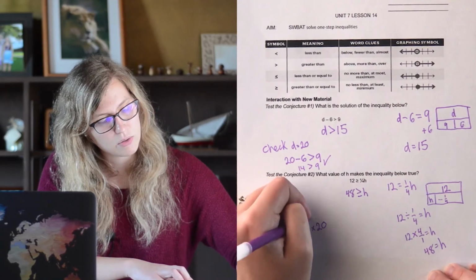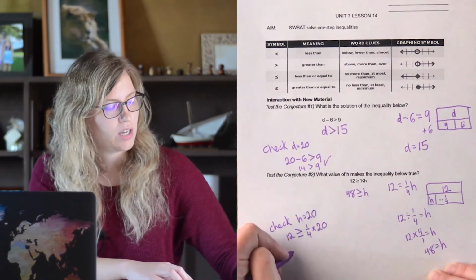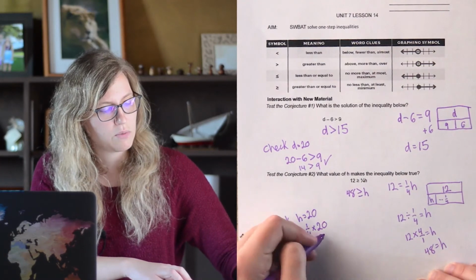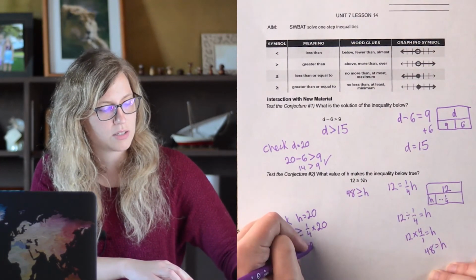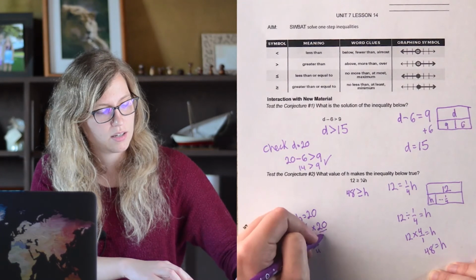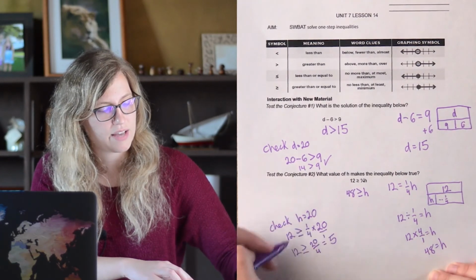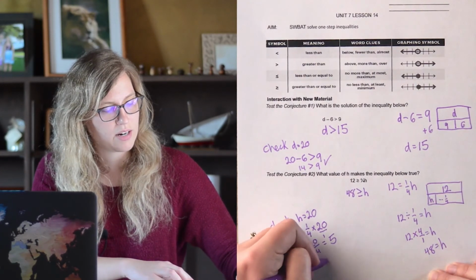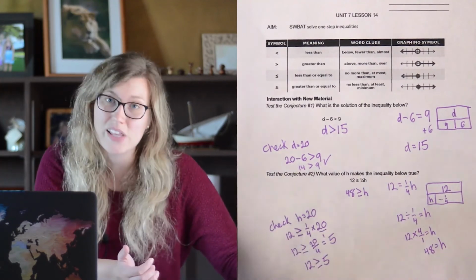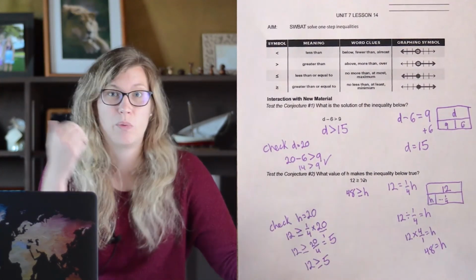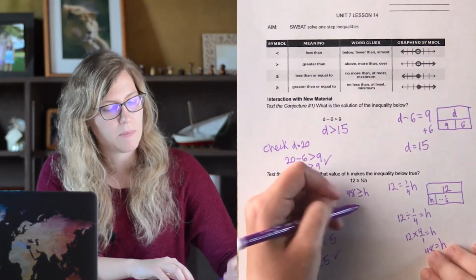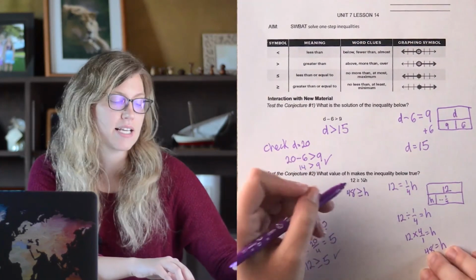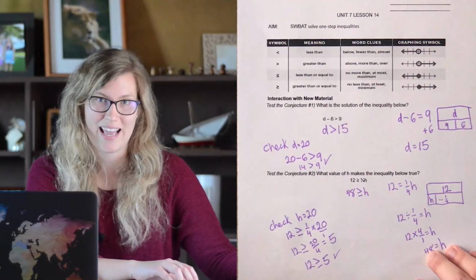I made H equal 20 here. That's my check. So 12 is greater or equal to, what is 1/4 times 20? Well, that's 20/4. And I get 5. Is 12 greater or equal to 5? Well, it's definitely greater, so we're good to go. We did it. We solved it. So my answer is correct. 48 is greater or equal to H.